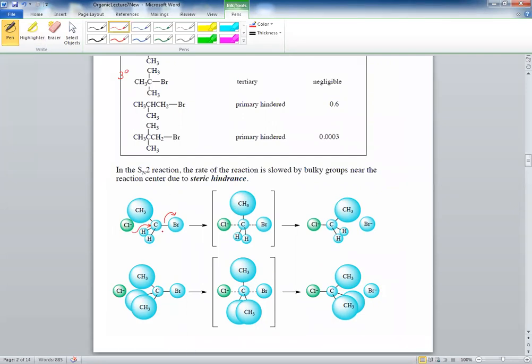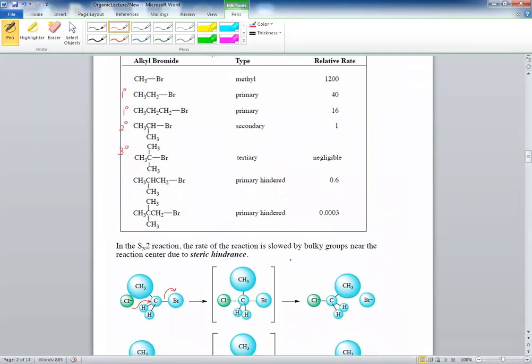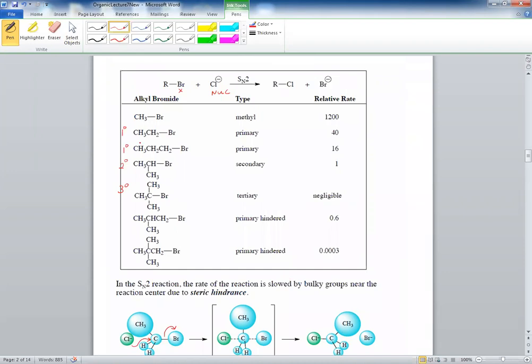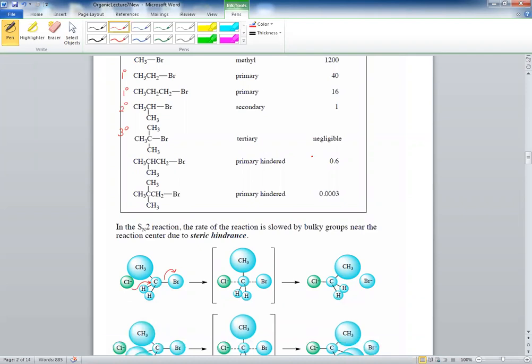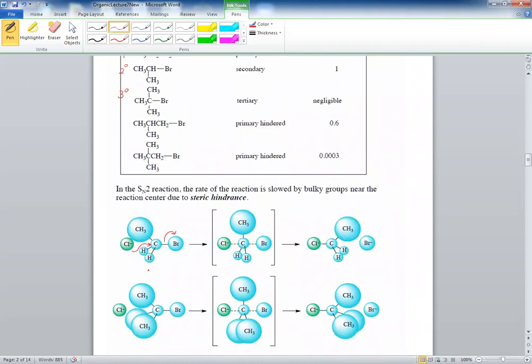If you look here, if you have a primary carbon, like in this one right here, which is 40, there is maybe a blockage here by the methyl group, but then the H's are small. So here's a transition state, and then the reaction takes place. So it's a backside attack.